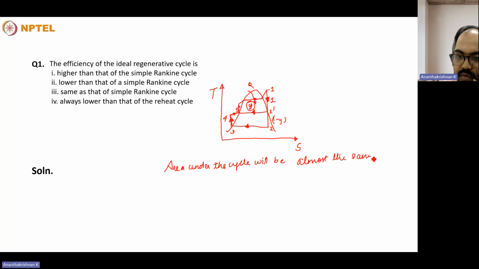So that means that the work output will be almost the same, but the work input will be slightly increased because another pump is also there. But in addition to that, there will be a significant reduction in the heat input.